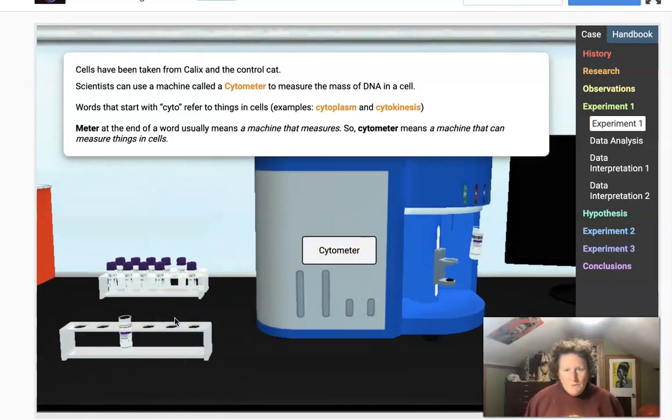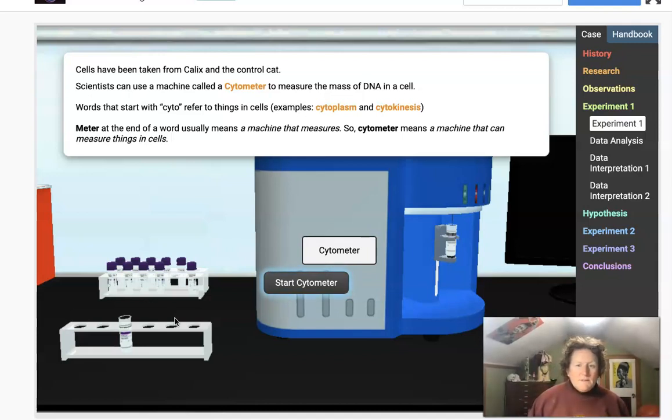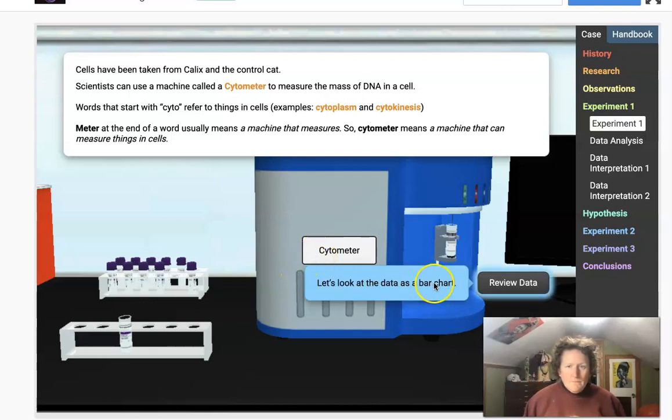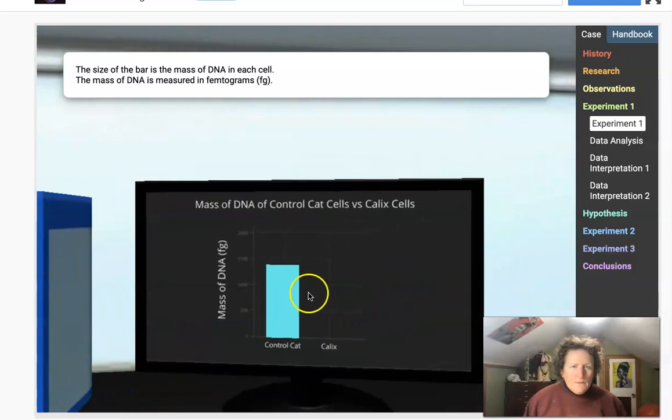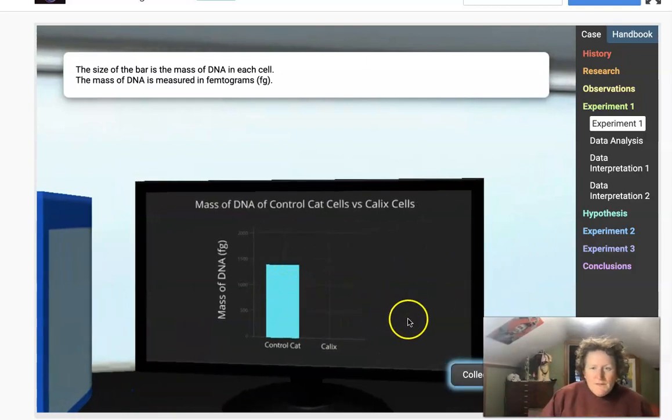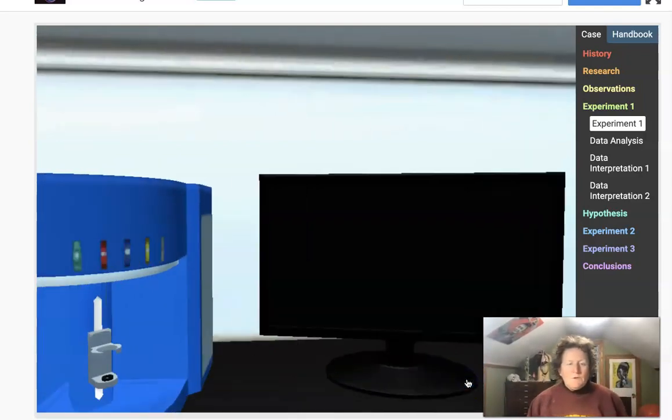So we're going to put the control sample in here and have the cytometer measure the amount of DNA in Coco, or the control male cat's cells. So that's the amount of DNA in the control.